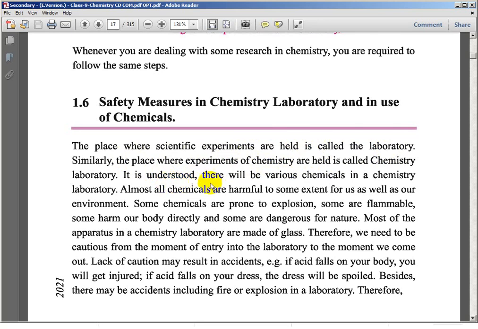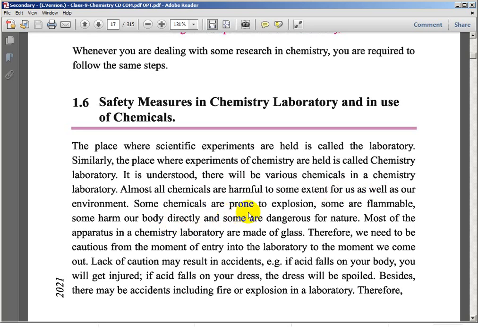It is understood there will be various chemicals in a chemistry laboratory. Almost all chemicals are harmful to some extent for us. Some chemicals are more harmful, some less, and this extent differs for us as well as our environment.